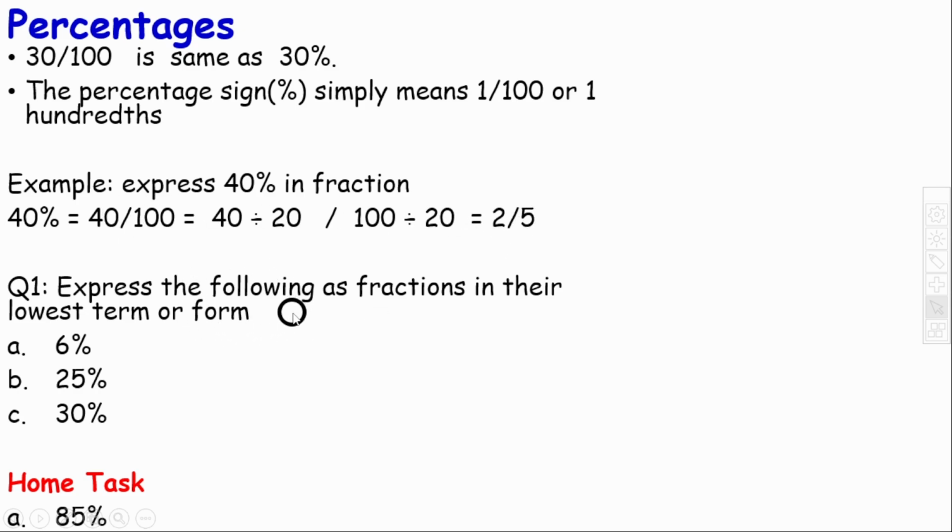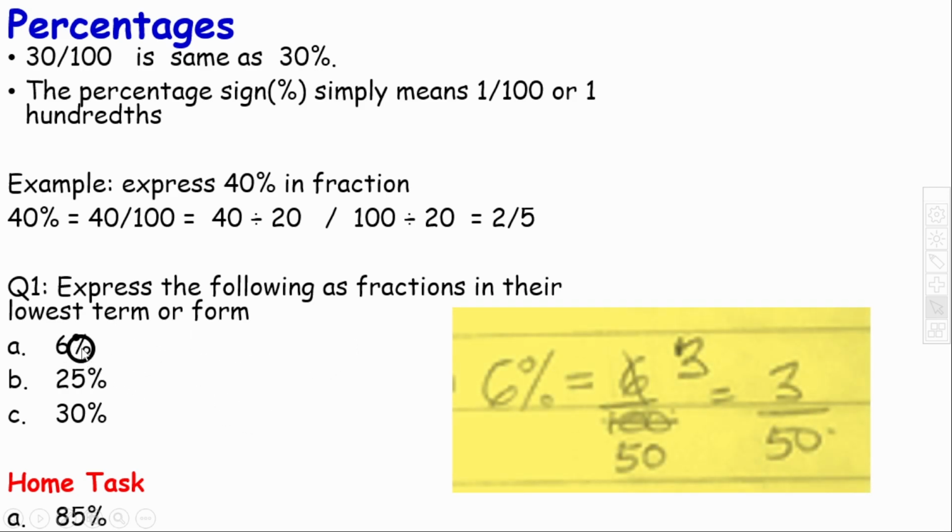Now, let us do some exercises. Express the following as fractions in their lowest term. 6%. Anytime we see a percentage sign, all you have to do is remove the percentage sign and put it all over 100. So 6% is equals to 6 all over 100.